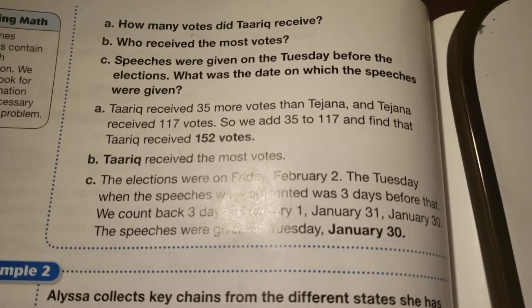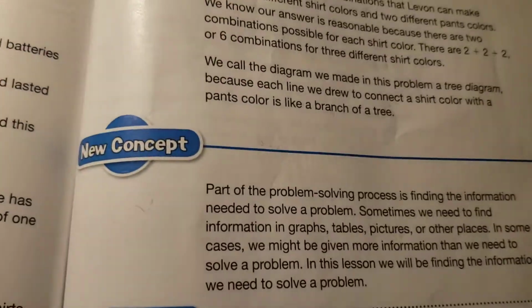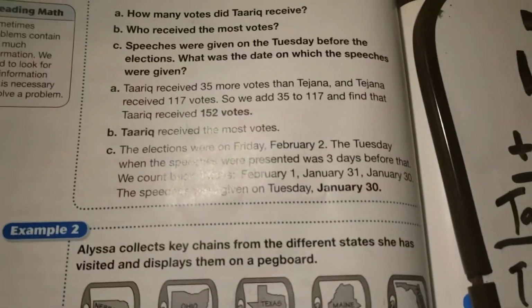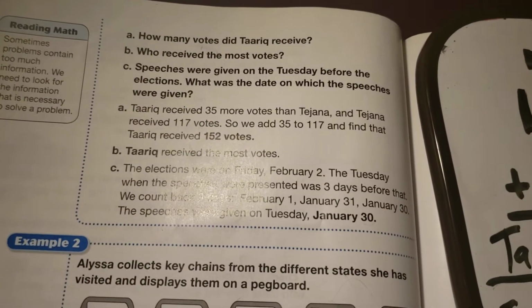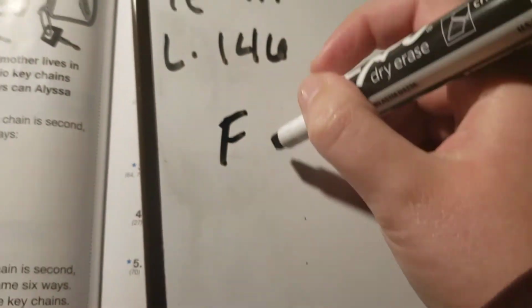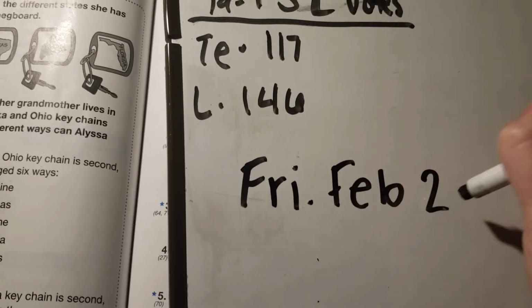Alright, and question C says, speeches were given on Tuesday before the elections. What was the date on which the speeches were given? So, the elections were Friday, February 2nd, and the speeches were given the Tuesday before. So let's write down our key information. Friday, Feb 2nd.